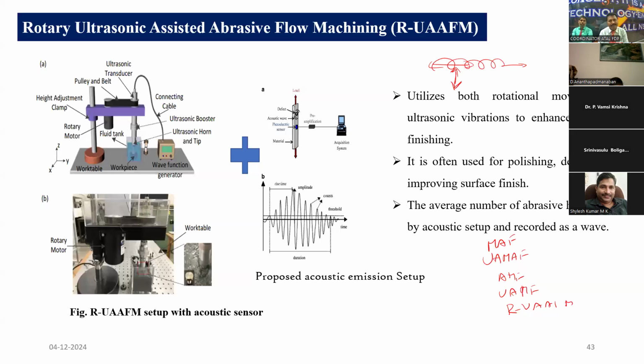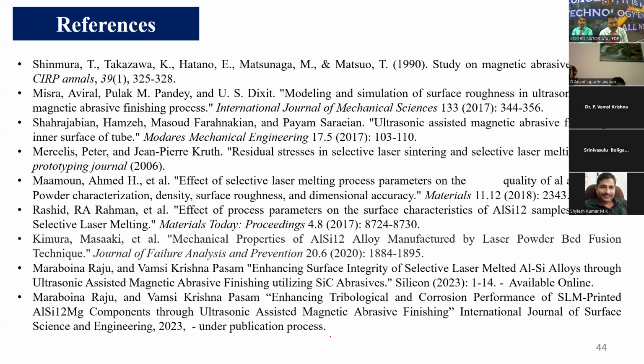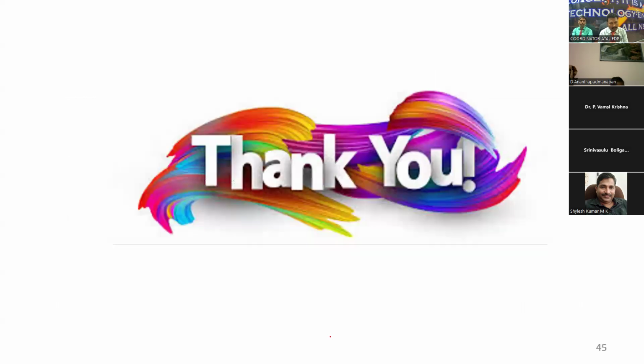Whatever, these two we already tested. This one is in the development stage for additively manufactured components. Maybe if anyone is interested, you can try this one also, right? So this is the post processing of additively manufactured components by this process.